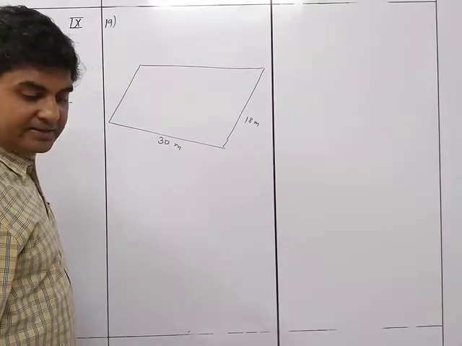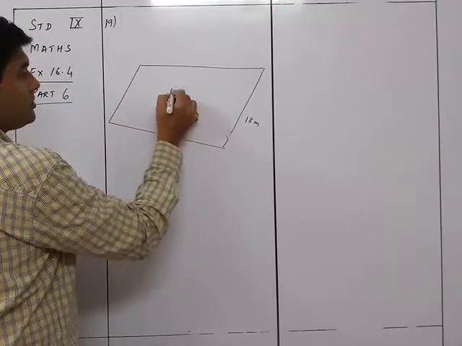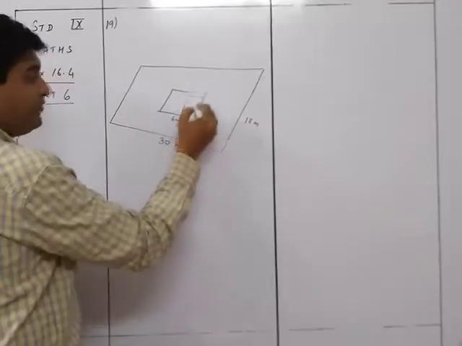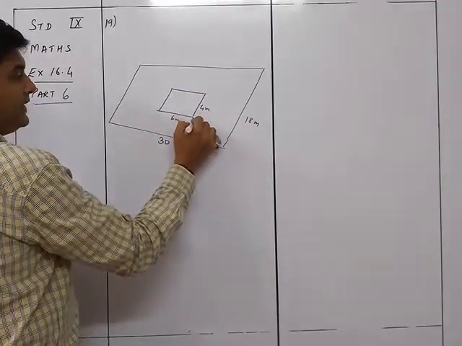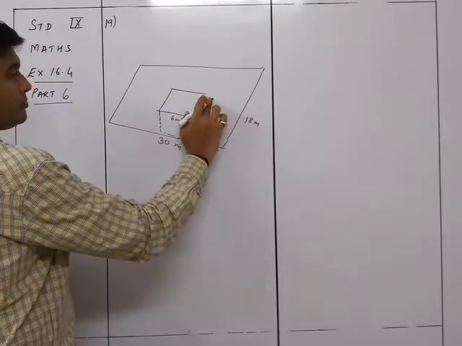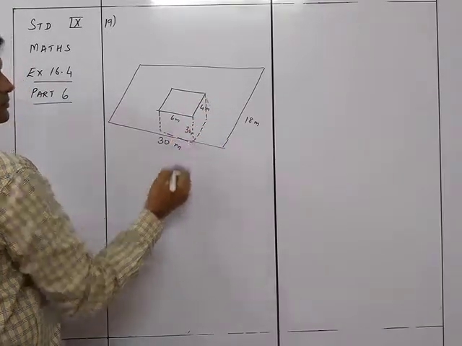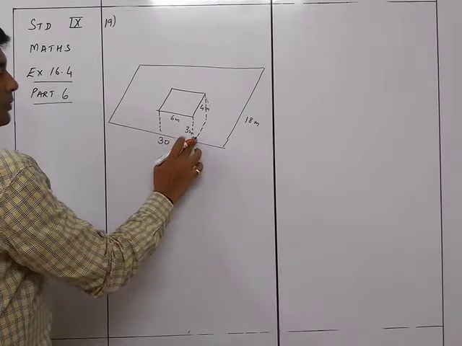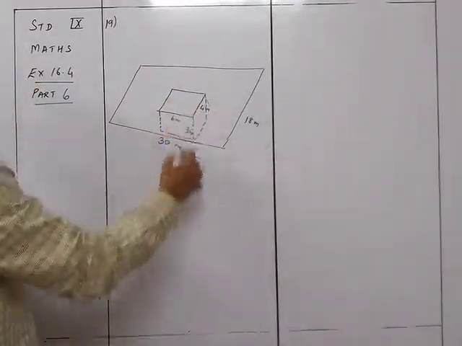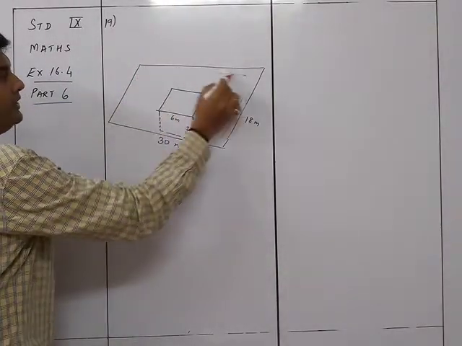And inside there is a pit which is made like this, which is 6 meters by 4 meters, and the depth over here is 3 meters. Now whatever amount of soil came out was spread evenly in this area.